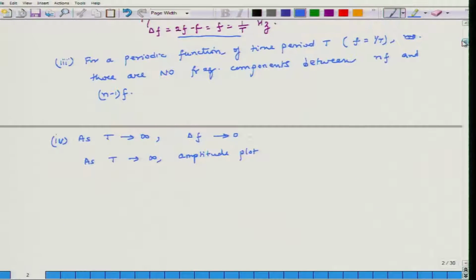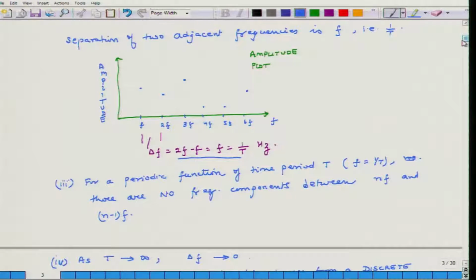So, what does that mean? That as the time period approaches infinity, the amplitude plot changes from a discrete plot. So, what is a discrete plot? If the time period is not infinity, then these points are separated by a finite distance, right, and there are no intermediate points.